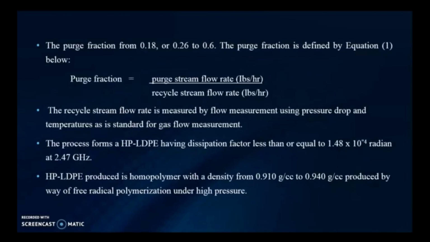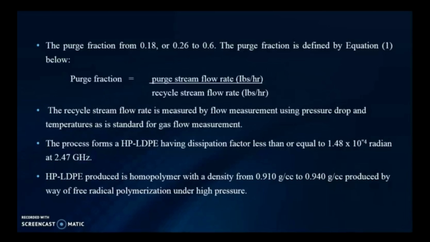The purge fraction from this project is 0.18 or 0.26 to 0.6. The purge fraction is defined by this equation. The recycle stream flow rate is measured by flow measurement using the pressure drop and temperature, as is the standard for gas flow measurement.